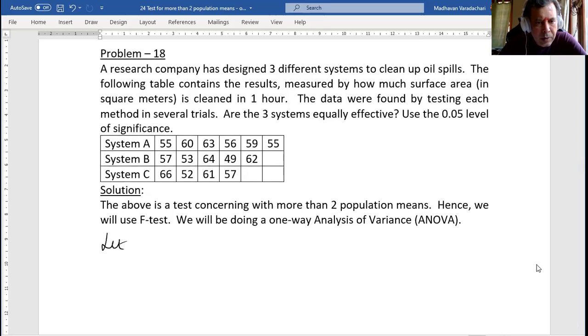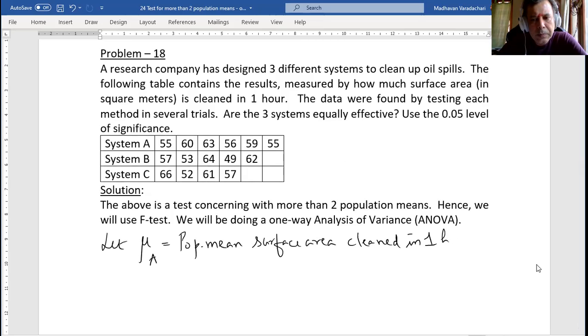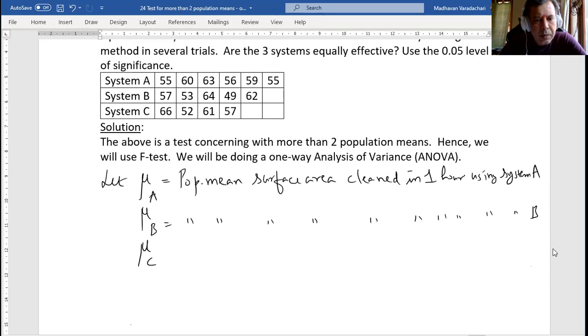So let mu A be the population mean surface area cleaned in 1 hour using system A. In the same way, mu B is the population mean surface area cleaned in 1 hour using system B. And we define for C also, the population mean surface area cleaned in 1 hour using system C.